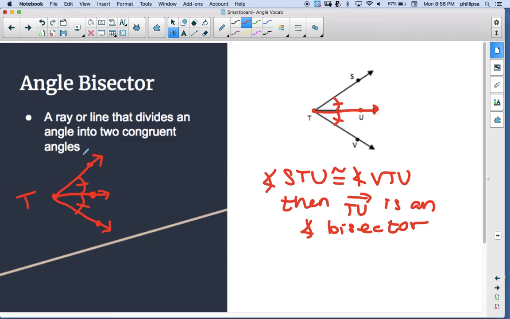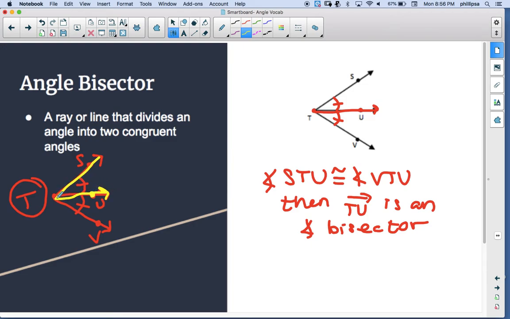But I want to talk about why I cannot just call it angle T. Because I have a vertex of T here, and an angle is named by a vertex, you would commonly see students call this angle here in yellow angle T, which is incorrect.